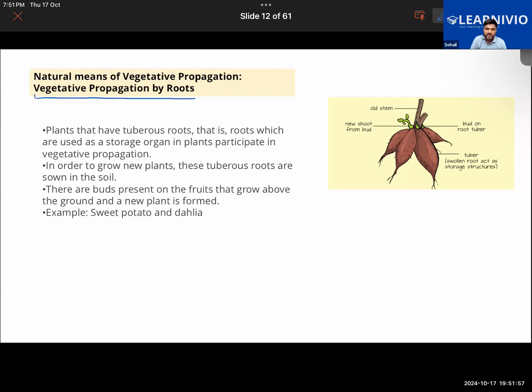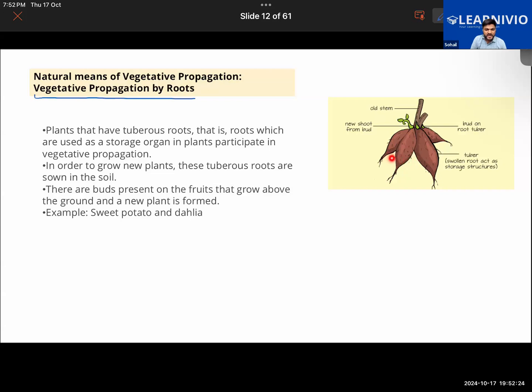Although we know that the normal root's function is simply to absorb water and minerals from the soil, this here is a swollen root, and we call this a tuberous root. This type of root acts as a storage organ, and it can participate in vegetative propagation, meaning that a new plant can be grown from it.